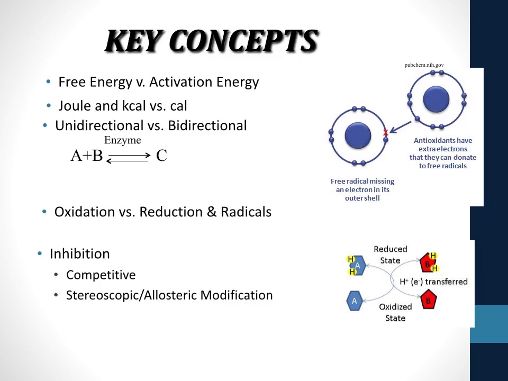Reduction gains electrons. But in biochemistry, in our body, in the physiological reactions, we don't really track ions. We don't really track electrons. We track hydrogens, because hydrogens are easier to measure than electrons in our body.